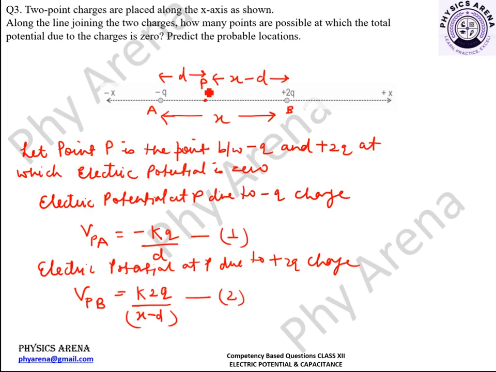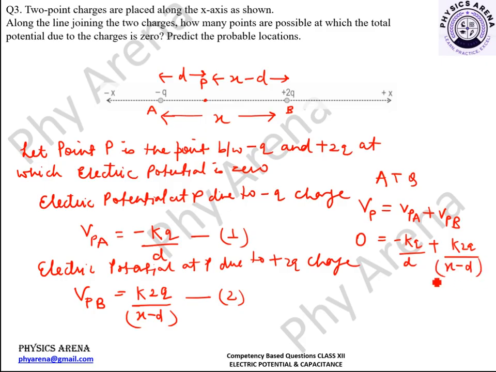Now we want that at point P, the electric potential should be 0. So, according to the question, Vp, that is the sum of electric potential at this point because of both the charges, has to be 0. So Vp can be written as VPA plus VPB, and that is equal to 0. So I can write minus kq upon d plus k 2q upon x minus d is equal to 0.